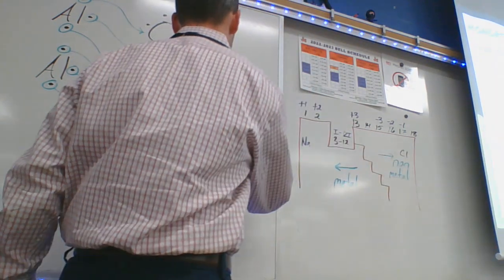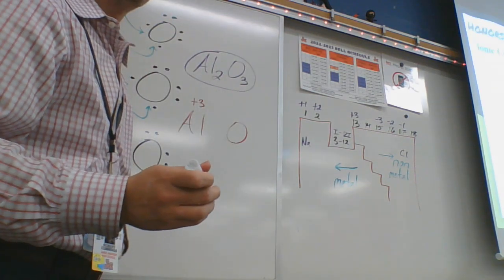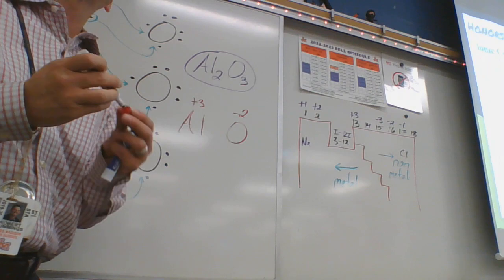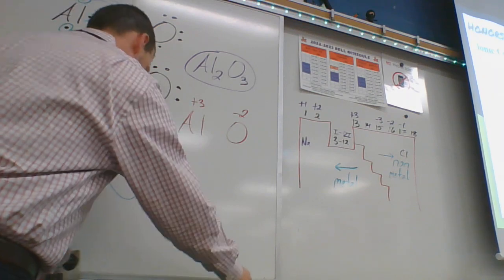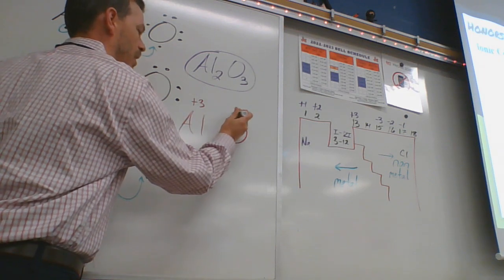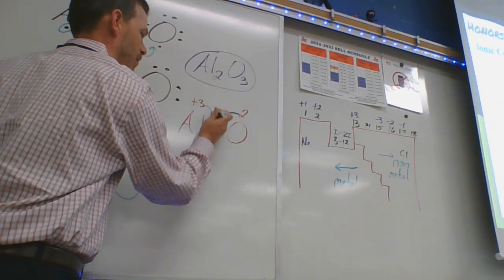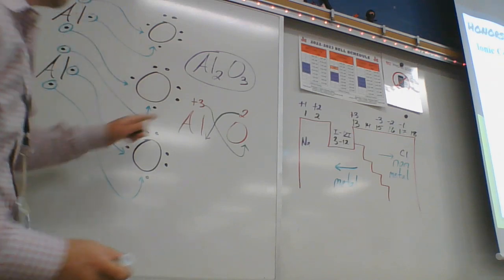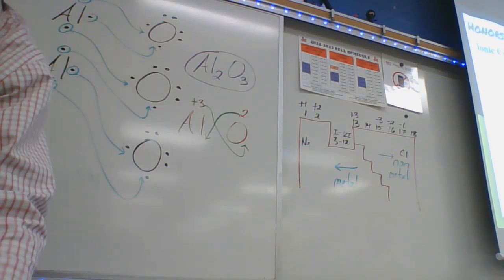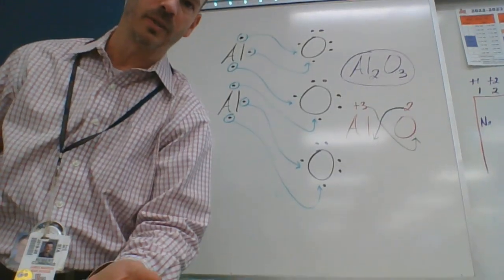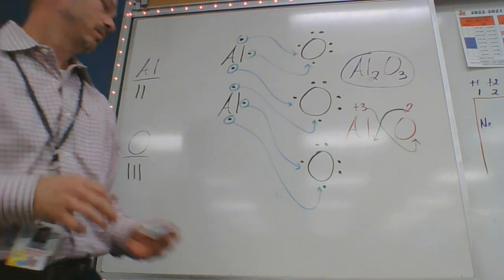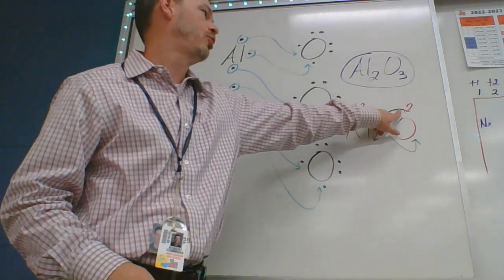What is oxygen's oxidation state? -2. The skill we're going to practice is that if you take those 2 numbers and you crisscross them, they become the proper formula. And it works every single time. Al2O3.